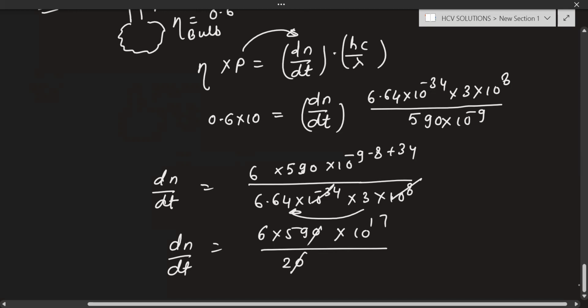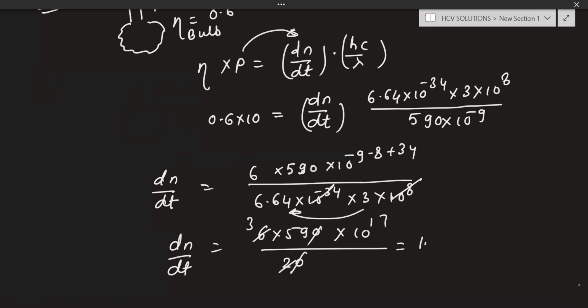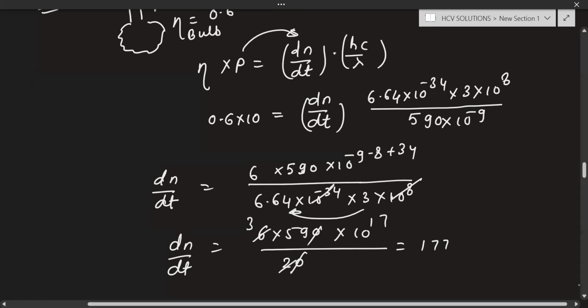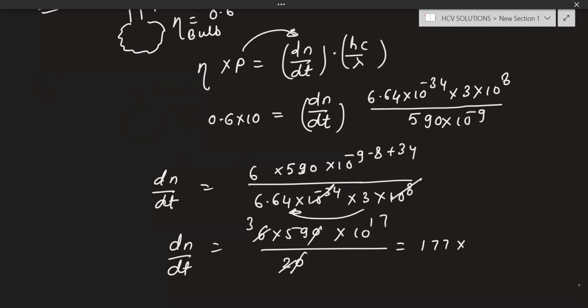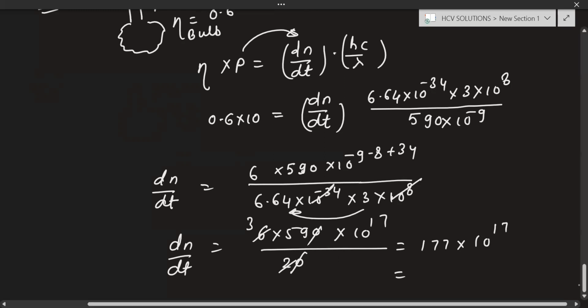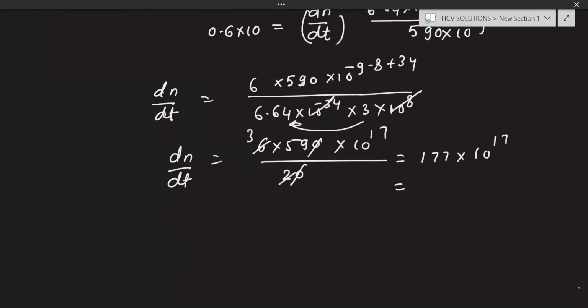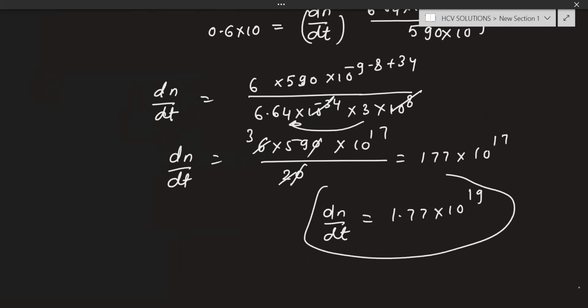This cancels, so almost you will get 1.8, because if this is 60, you will get basically 180. So almost you will get 177, because 9 3s are 27, and that is 10 to power 17. Adjusting the decimal, you will find dn upon dt is 1.77 10 to power 19 photons per unit time.